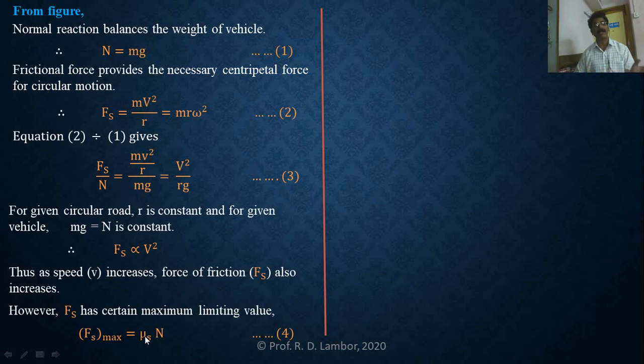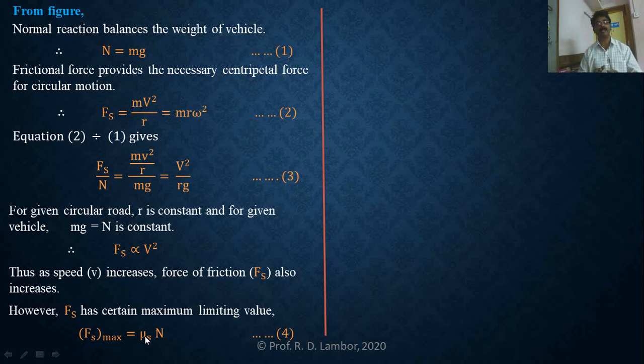Means the required centripetal force is not increasing according to the increasing speed. So definitely your vehicle is not provided proper centripetal force. And as there is no sufficient centripetal force, the vehicle cannot take the circular turn properly. Definitely the vehicle has a tendency to move along the tangent to the circular track.